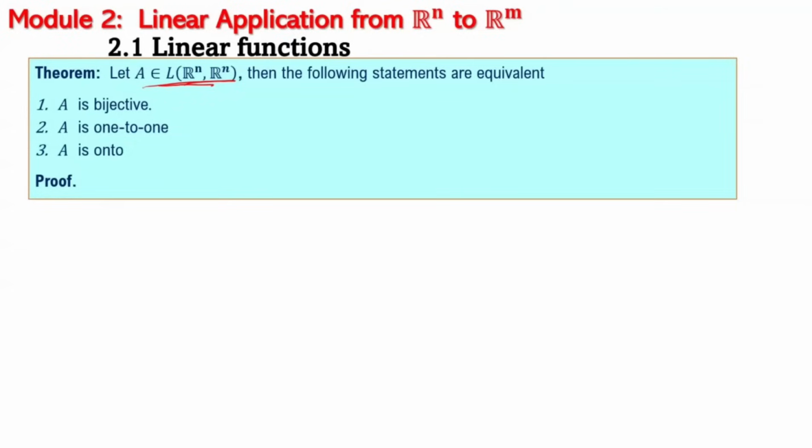So it goes to the same space R^n. Then we can talk about the equivalence of bijective, one-to-one and onto. Now, if we want to prove that, how can we prove it? First, let A be bijective.